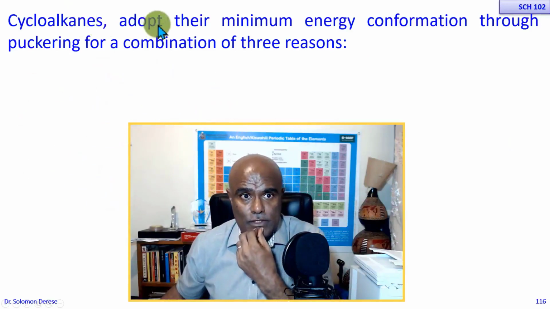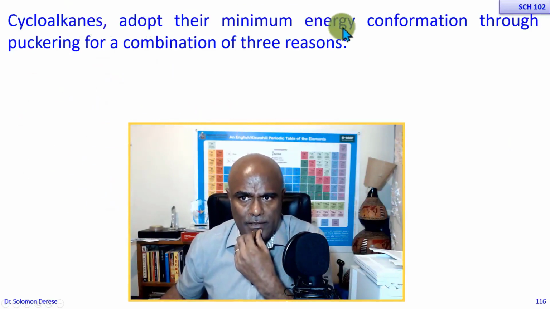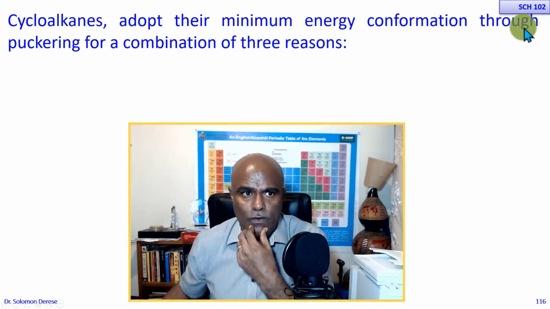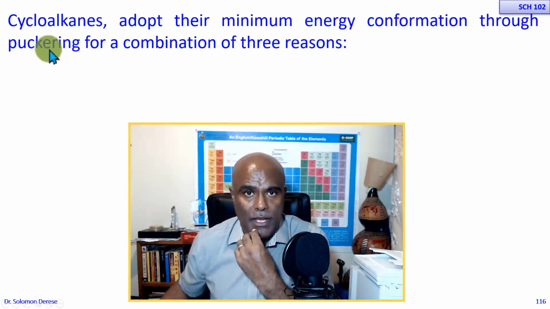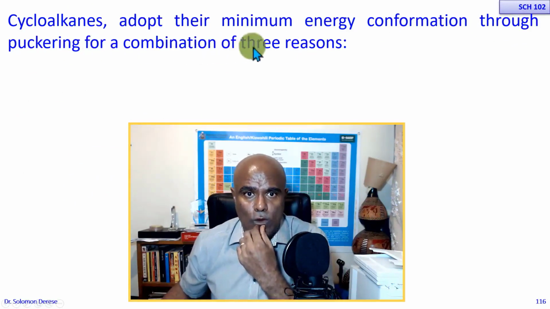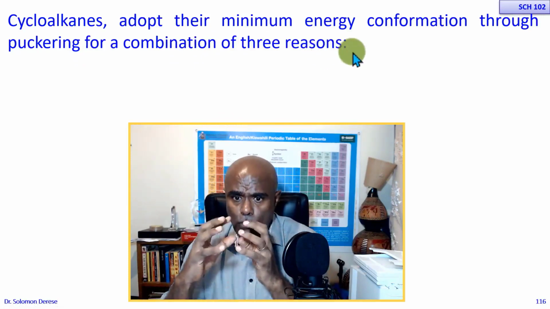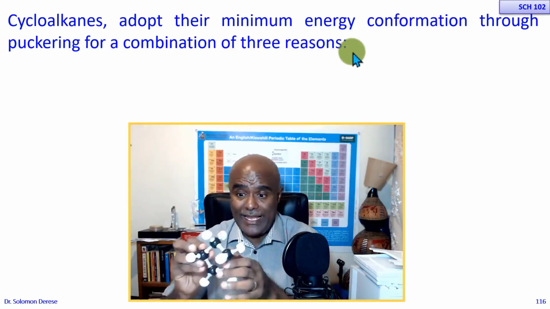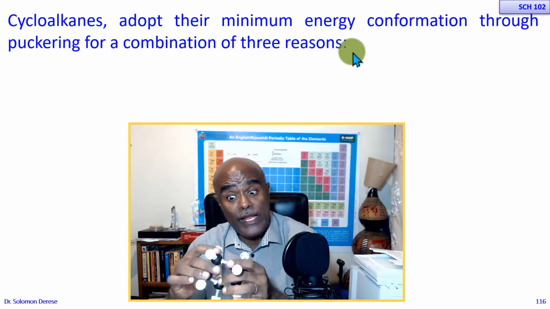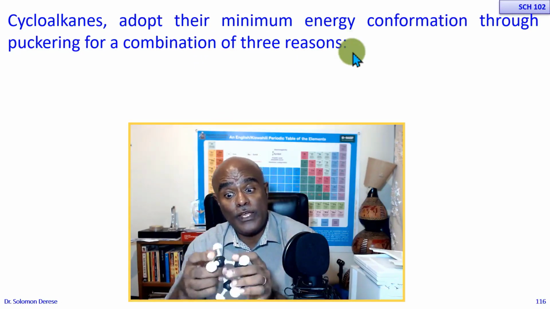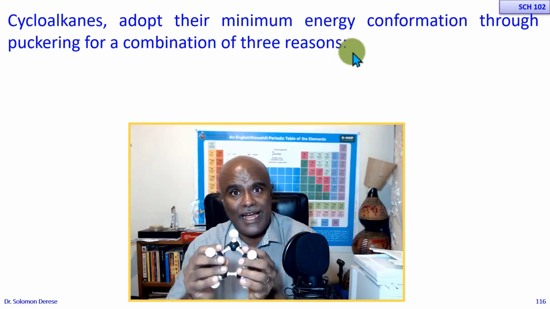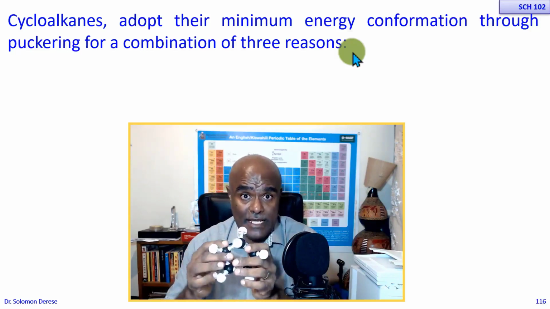Now, cycloalkanes adopt their minimum energy conformation through puckering for a combination of three reasons. There are three reasons why cycloalkanes will have a rotation across their carbon-carbon single bonds.